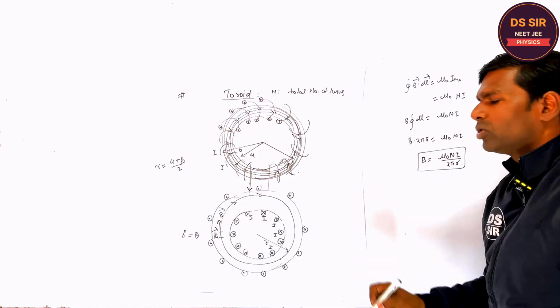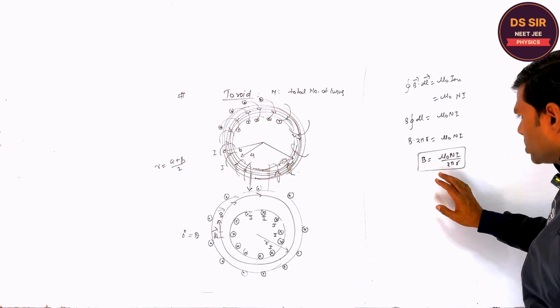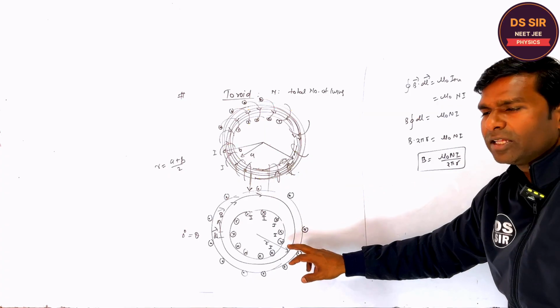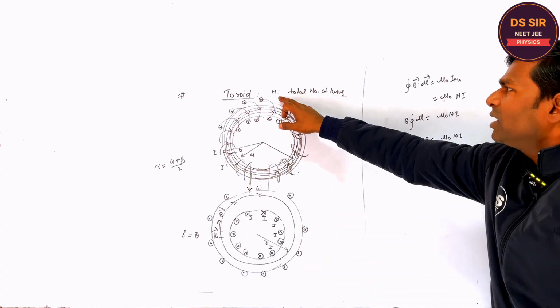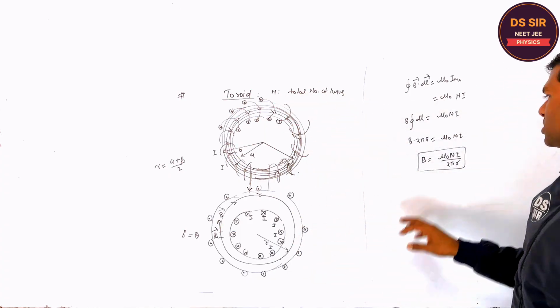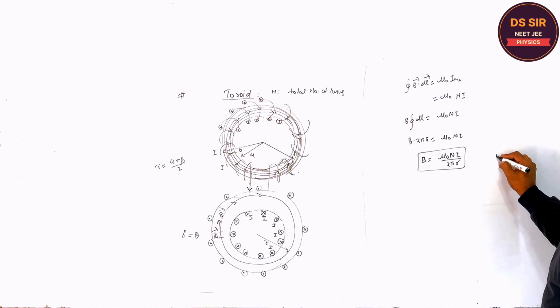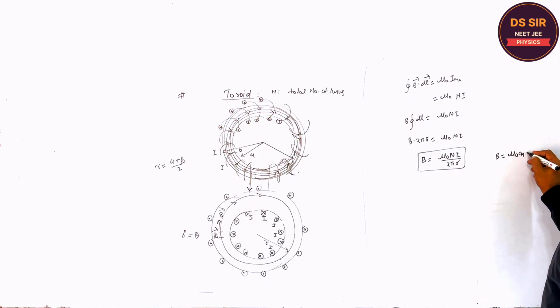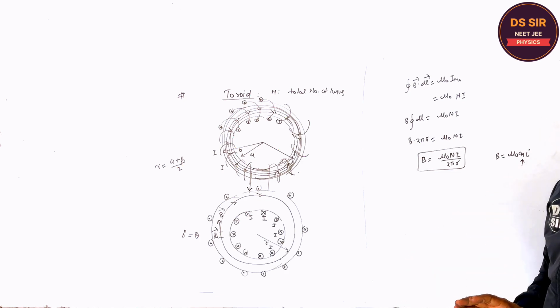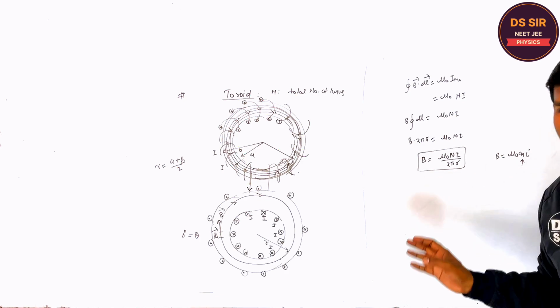This is the magnetic field inside the toroid, where N is the total number of turns, while in the solenoid it is small n, the number of turns per unit length. This is the difference.